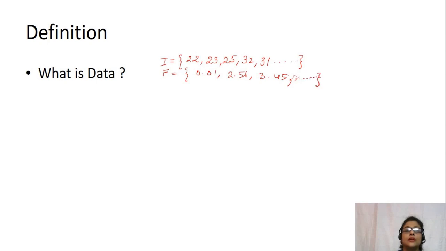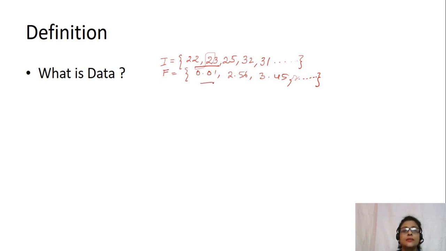But looking at these values, can we understand what is the meaning of this? Let us understand the first data set. It can mean anything. It can be the temperature of the day in winter time. It can also mean the age of people in a community or in a classroom, or it can be any value.